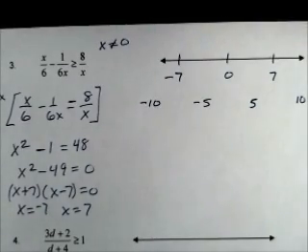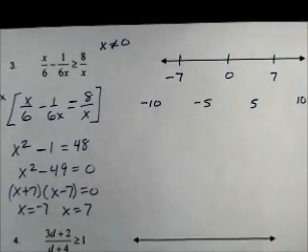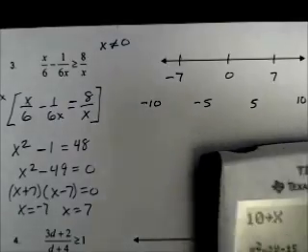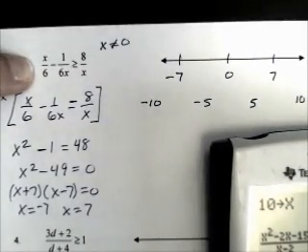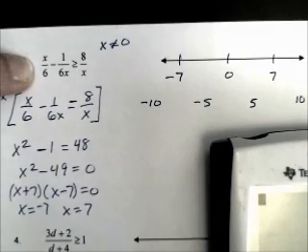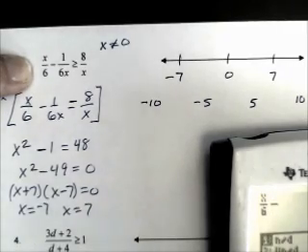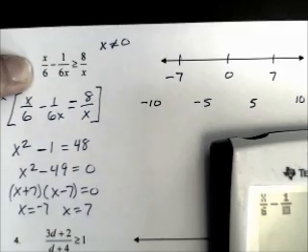By hand, we could, but I'm going to use the calculator. I'm going to key in the left-hand side. So that's alpha y equals x over 6, minus alpha y equals 1 over 6x.